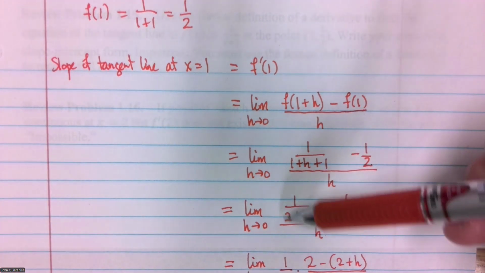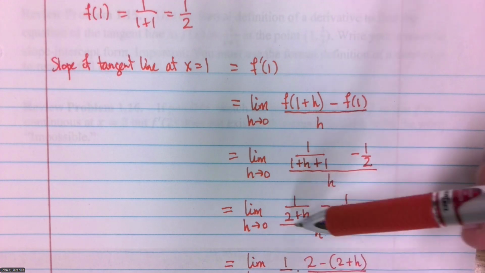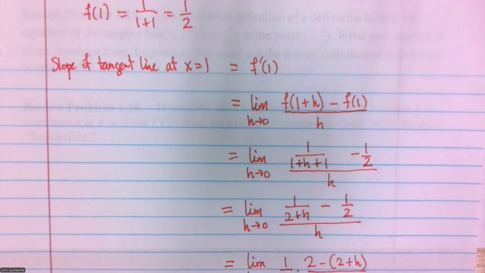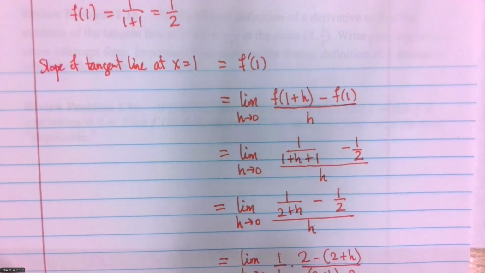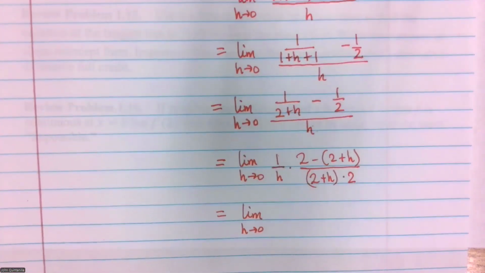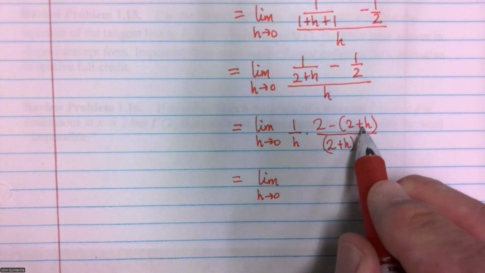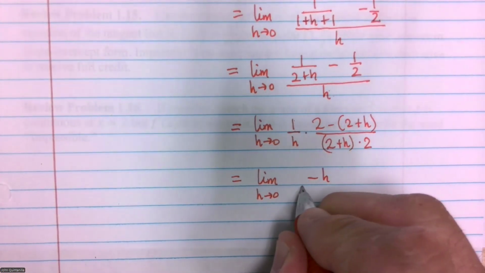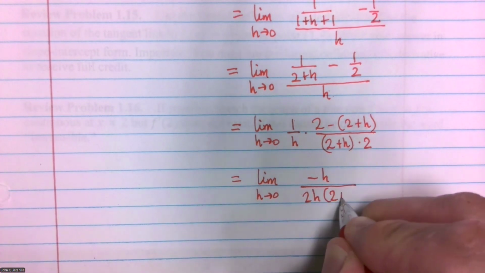So I have an h in the denominator, so that's like multiplying by 1 over h. And the thing in the numerator I get by getting a common denominator. Okay, so I get the limit as h approaches 0 of, on top I would have 2 minus 2 plus h, that's minus h, all over 2 times h times 2 plus h.